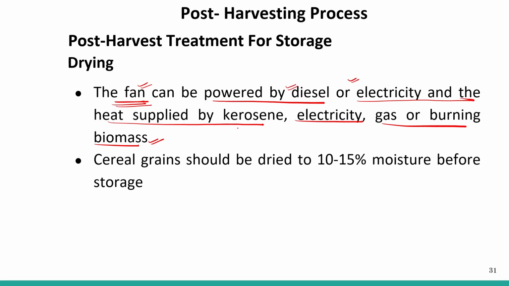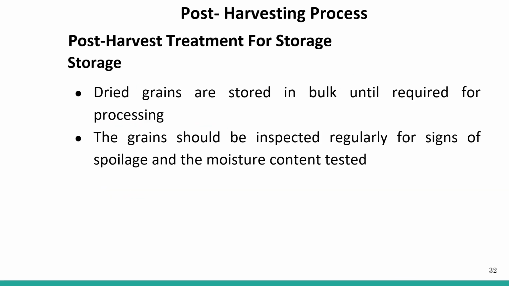And for the heat, if we are heating the seed, then we can use kerosene, electricity, gas, or burning biomass. These cereal grains should be dried to 10 to 15% moisture before storage. So before storage, the moisture content of the seed should be lowered so that the seeds do not get damaged.